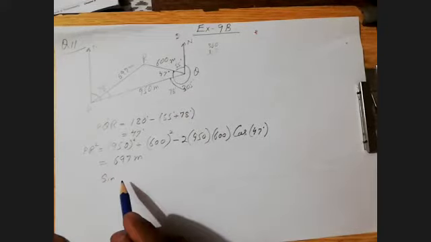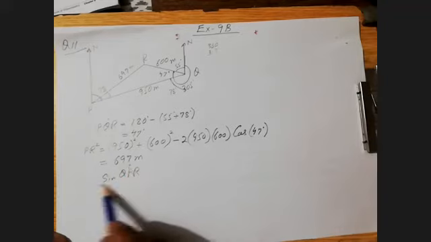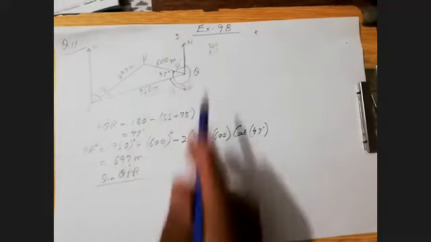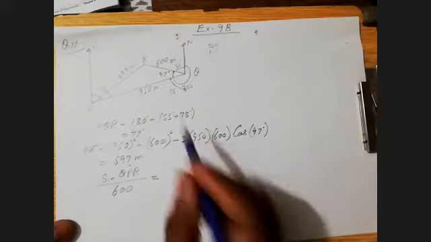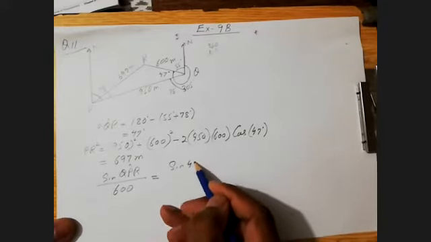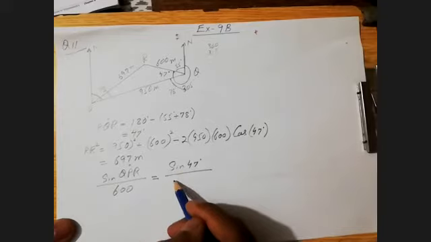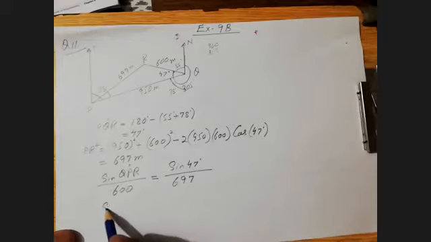Sine QPR over 600 is equal to sine 47 over 697. Now please calculate this and let me know the answer.